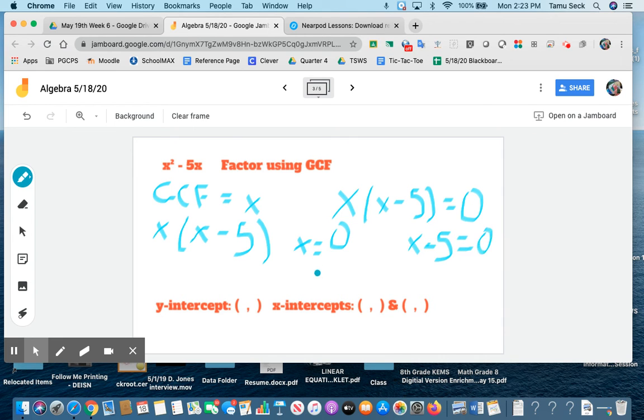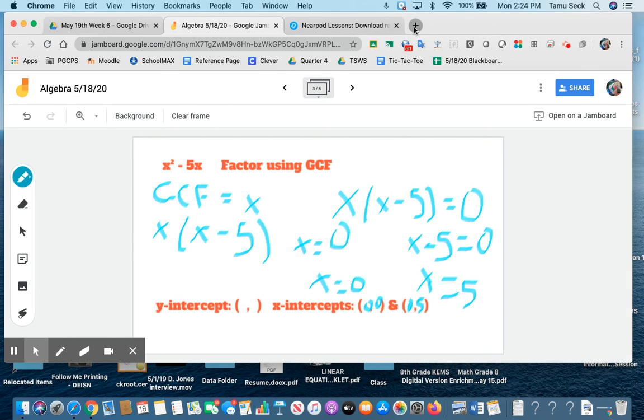So that means x is equal to 0 or x is equal to 5. So the x-intercepts are (0, 0) and (5, 0). And let's go into Desmos to see where the y-intercept is.